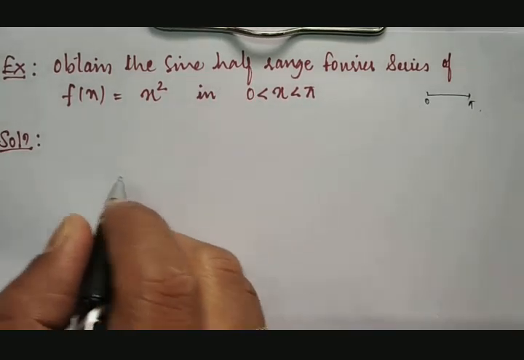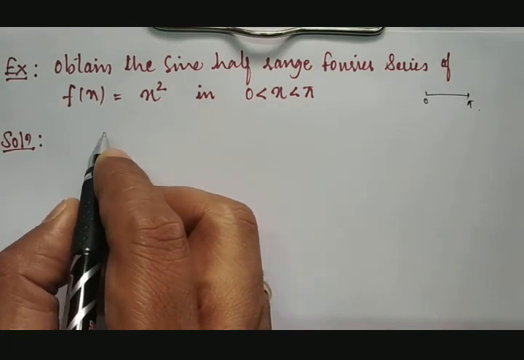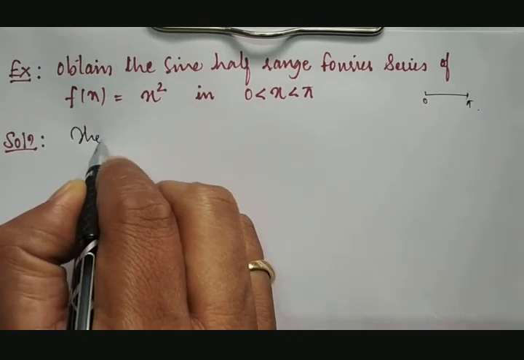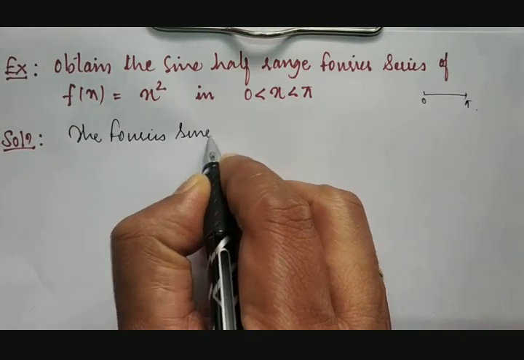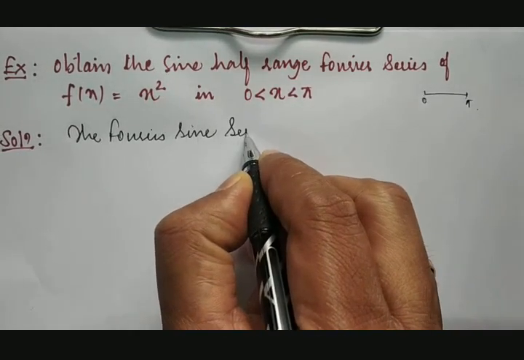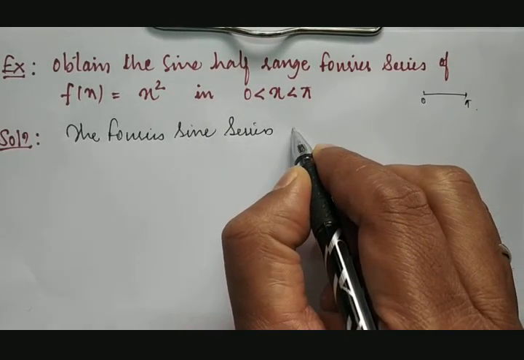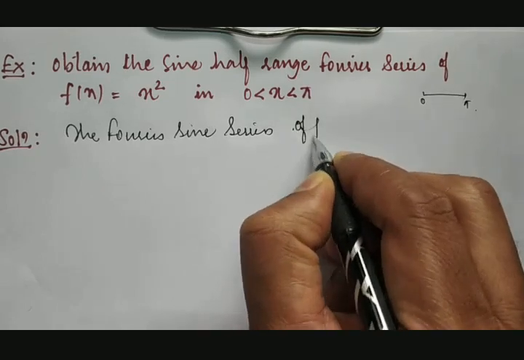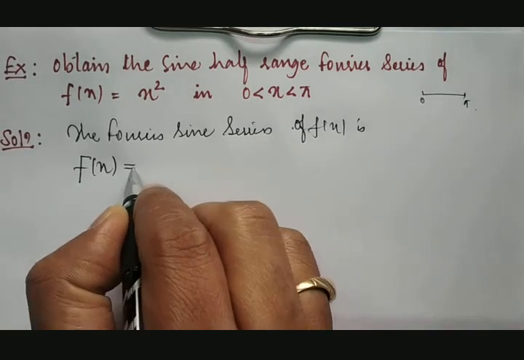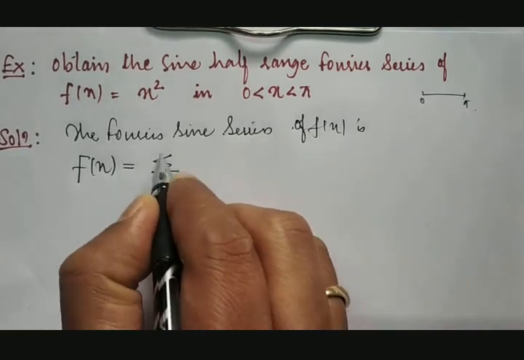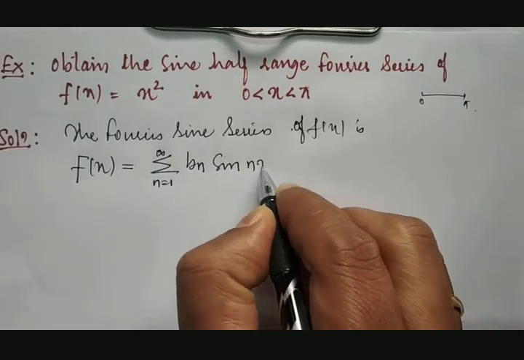Straight away we will proceed with what is given and how directly we can connect it to Fourier series. The Fourier sine series, half range sine series of f of x is given by f of x is equal to summation from n equal to 1 to infinity bn sine nx.